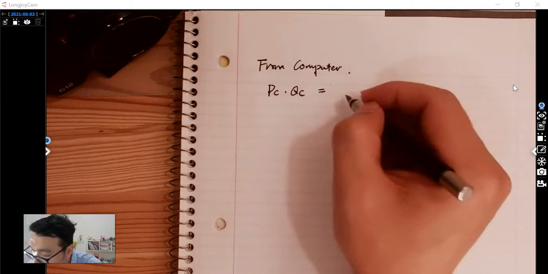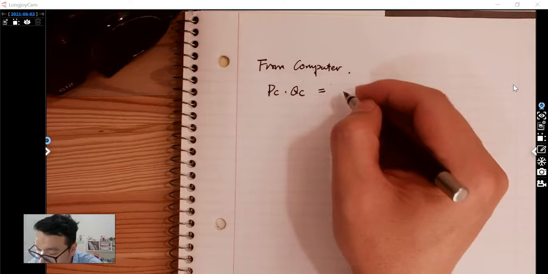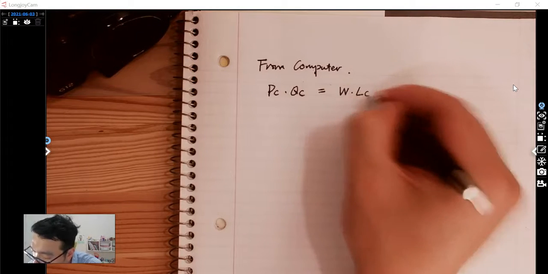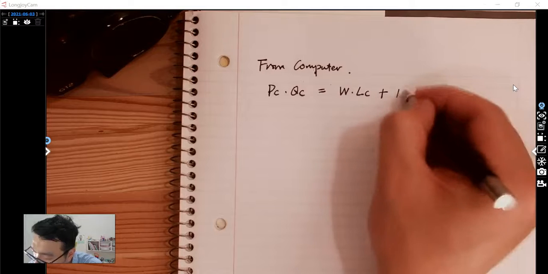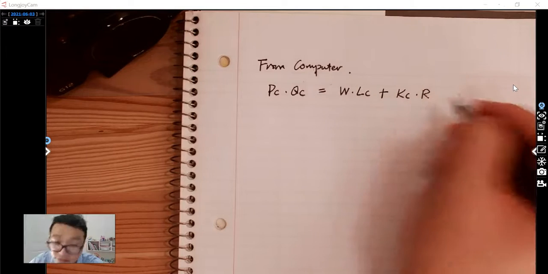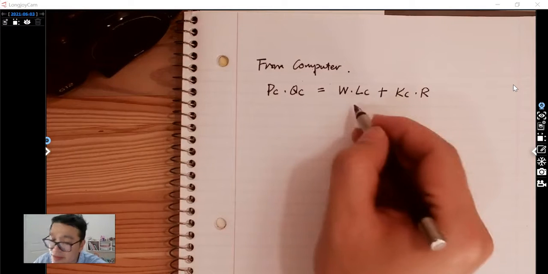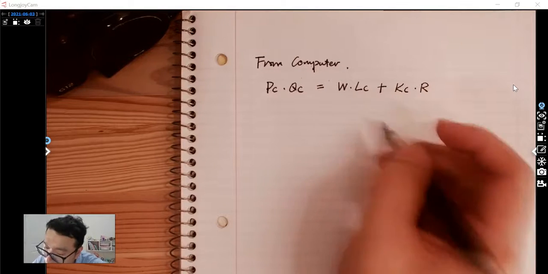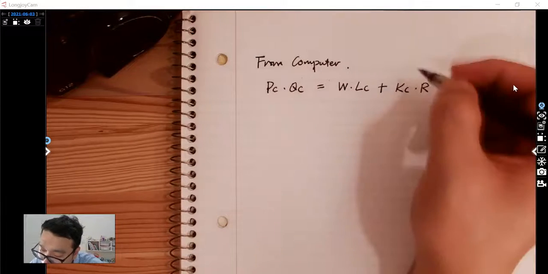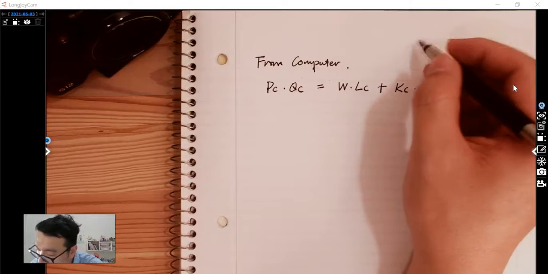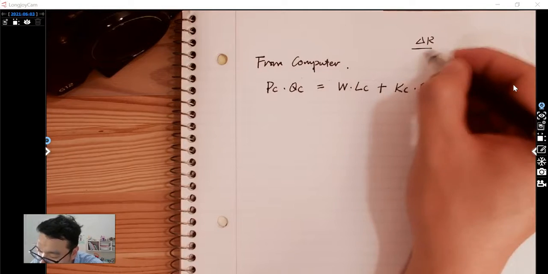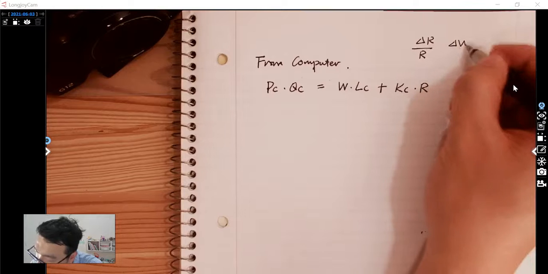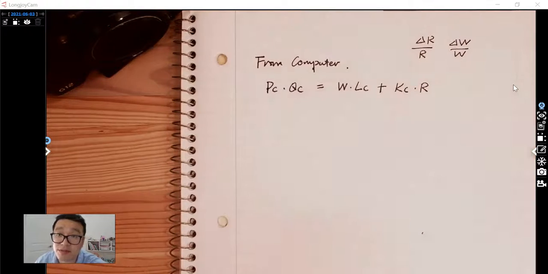Total revenue is used to pay for all the factors of production in the cost: W times LC plus KC times R. Okay, so 100 equals 50 plus 50. That is the computer industry. Okay, from this equation, remember, we try to find both delta R over R, the rental change as a percentage, and also delta W over W. Those two are something we try to find.